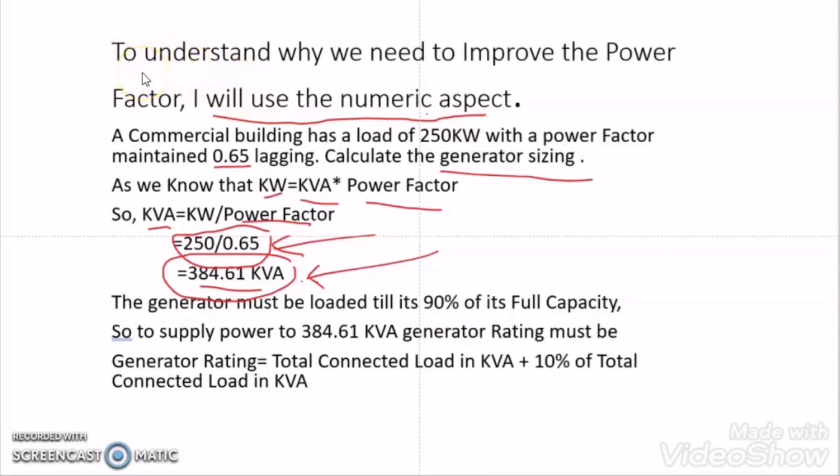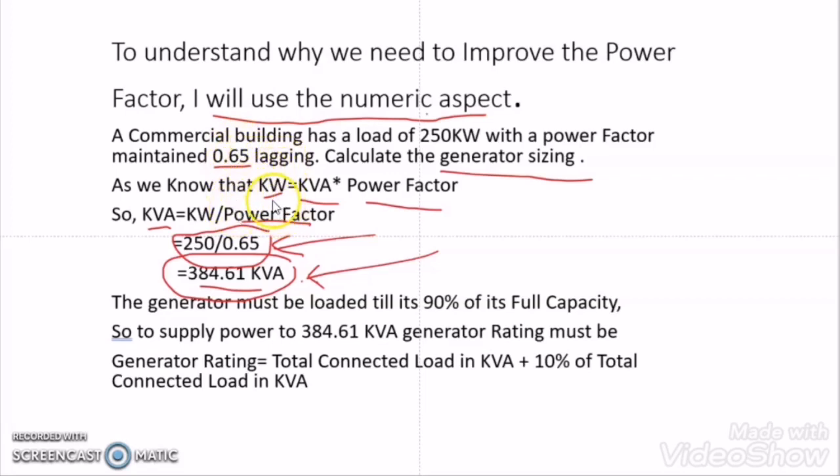There are many aspects to understand this topic, but I'm using the numeric aspect here to understand it very clearly. For that, I am taking one example: we need to size a generator for a commercial building which has a load of 250 kilowatt and the power factor maintained there is 0.65 lagging.